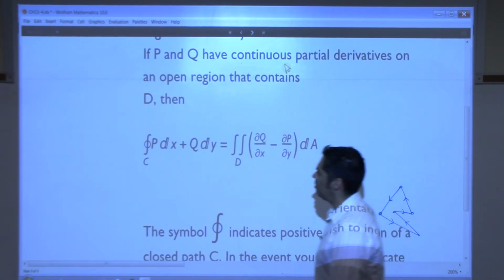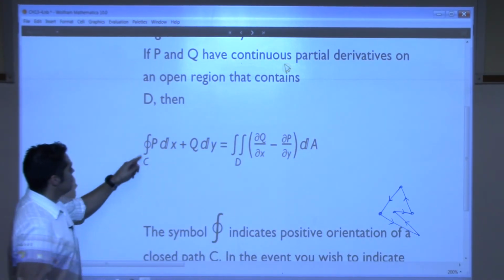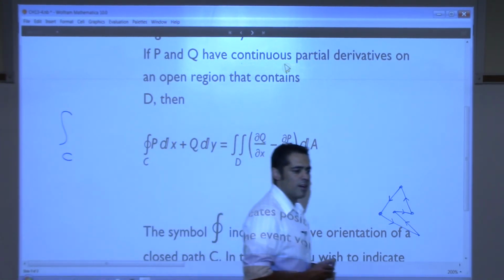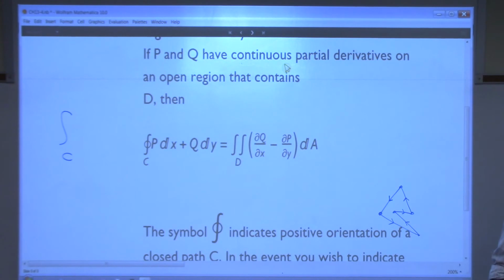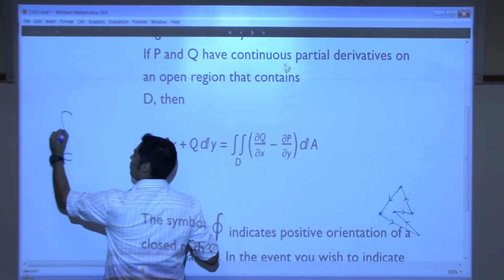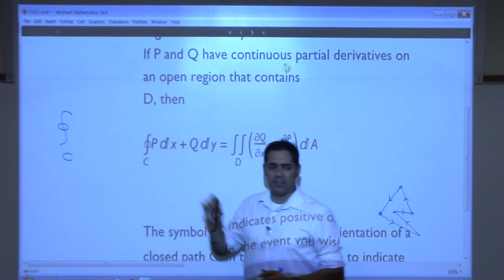Okay, so here's the notation we have. Remember, this was the line integral, and that curve could be any curve, right? If I want to tell you that it is closed, which means it comes back to itself, the initial point and end point are the same, then I draw this little circle through the integral like that, and that lets you know that C is closed.